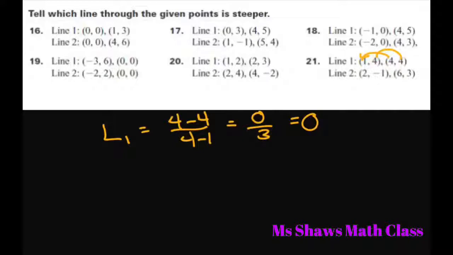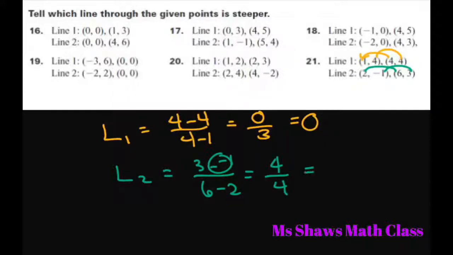And then 3 minus a negative 1 for line 2, and 6 minus 2. Those two negatives make a positive. So that's going to be 4 divided by 4, which equals 1. 1 is bigger than 0, so line 2 is steeper.